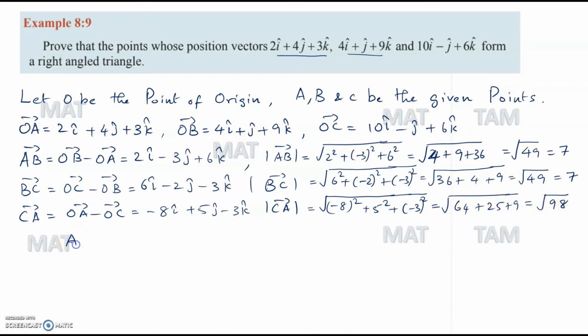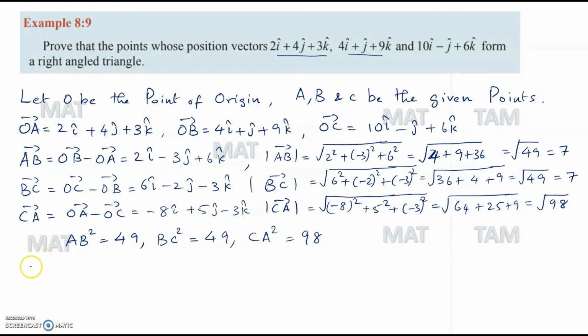So if we take our AB squared, which is the magnitude of AB squared, 7 squared, that will be 49, and our BC squared will be 7 squared, which is also 49, and our CA squared will be root of 98 squared, which is 98.